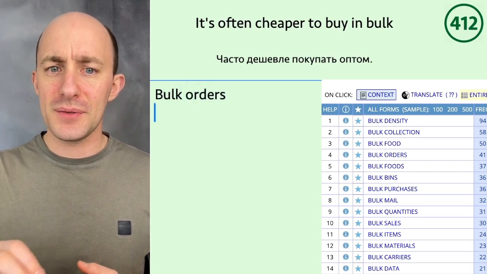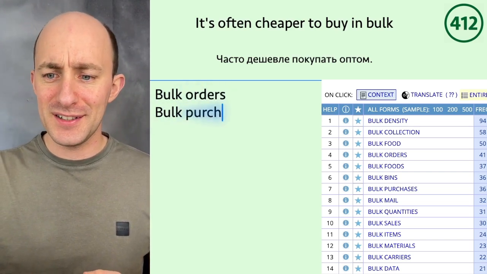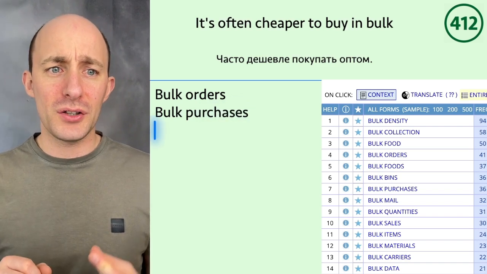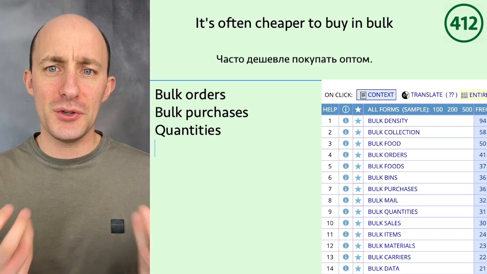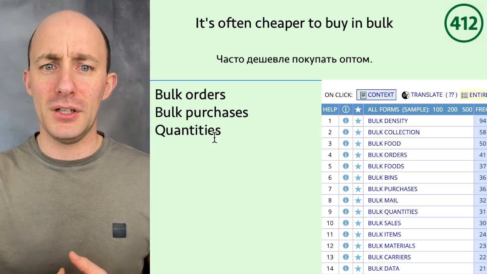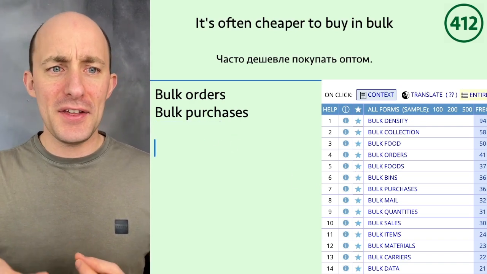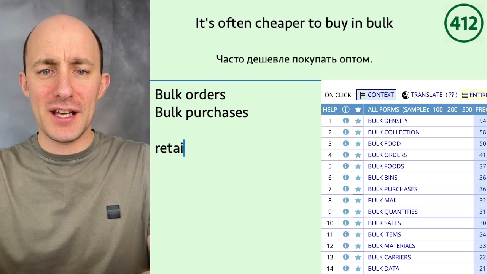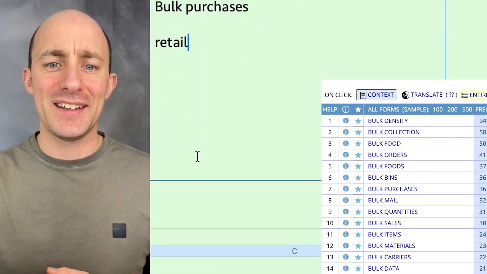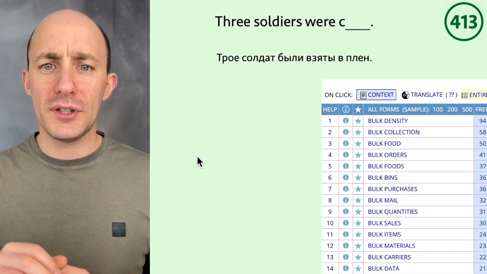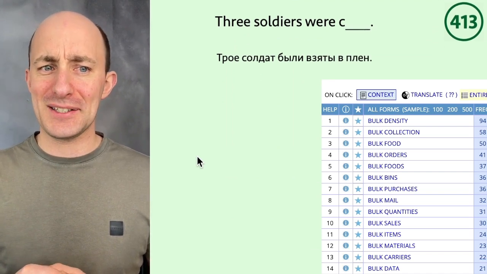You can talk about bulk purchases, bulk quantities. So bulk, it means we're talking about оптом, bulk. I think the opposite is retail, which is розничный, and then bulk. If it's оптом, оптовый, I think that's the Russian word.